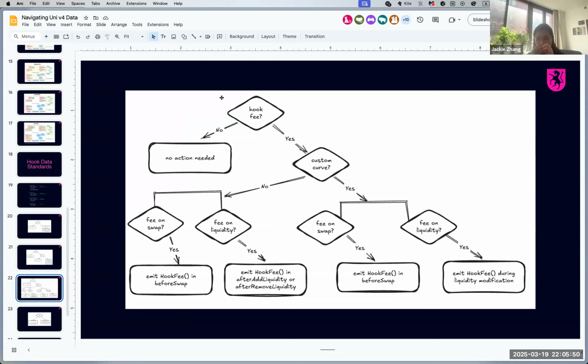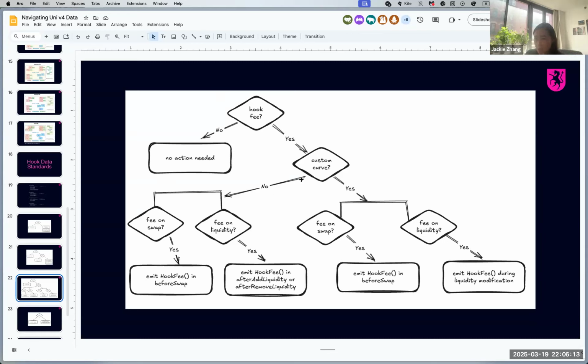And then for the hook fees, as a hook, you can decide to charge a service fee, right? For people who are using your hook to swap. Or if you want to, for example, penalize just-in-time liquidity, you can also charge a fee on liquidity.